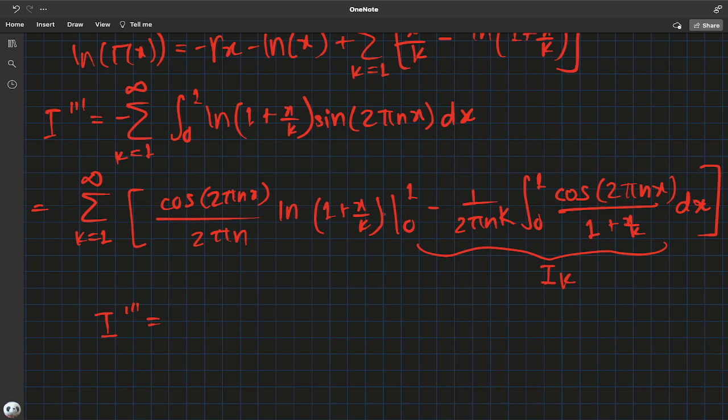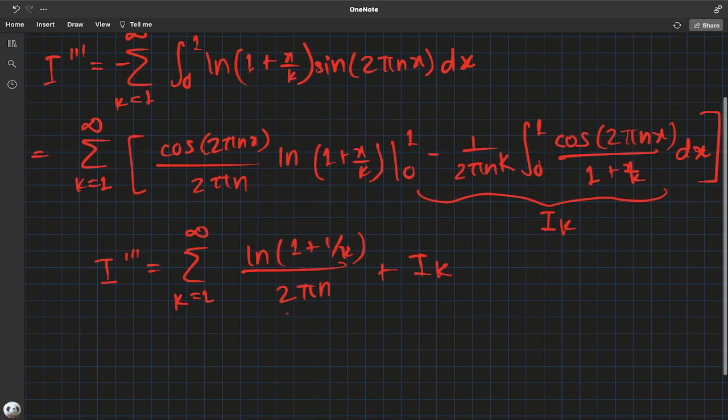Cosine of 0 is also 1, but this thing here will be natural log of 1, so at 0 it goes to 0. So we just have whatever happened at 1. So I believe natural log of 1 plus 1 over k over 2 pi n, and I said we're calling the other thing I sub k, so let just that be that.